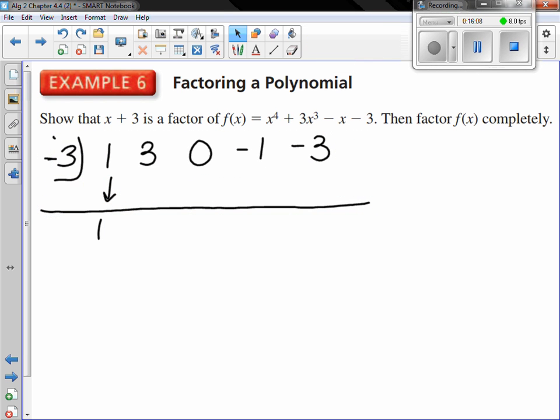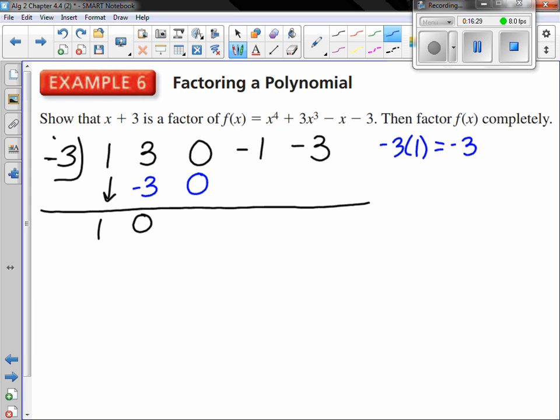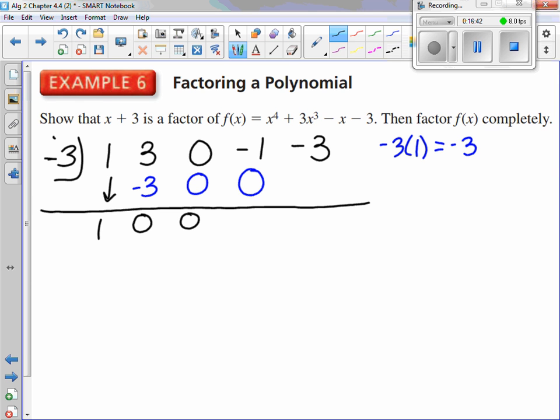Move this over here. So we're going to do our first step, which would be -3 times 1, which is -3. What is 3 plus -3? -3 times 0 is 0, isn't it? 0 plus 0 is 0. -3 times 0 is 0. -1 plus 0 is -1.